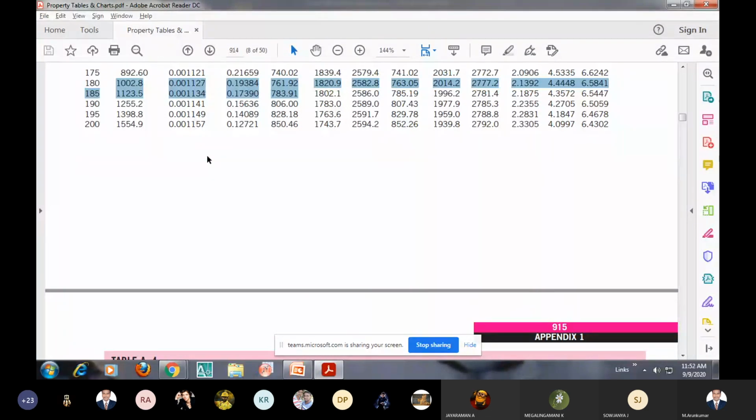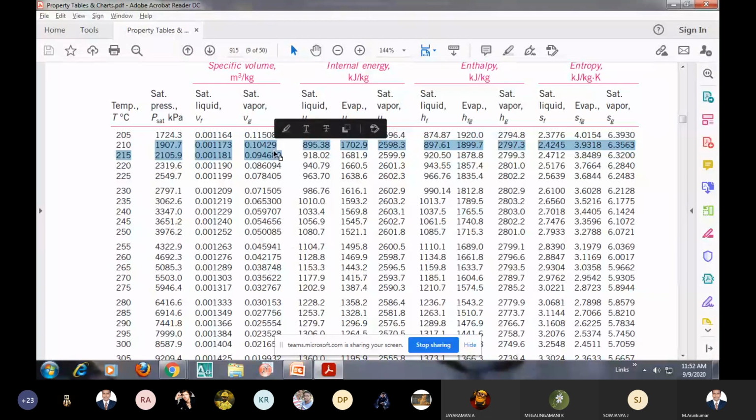So the value will be in between these two, approximately 0.01175 something.